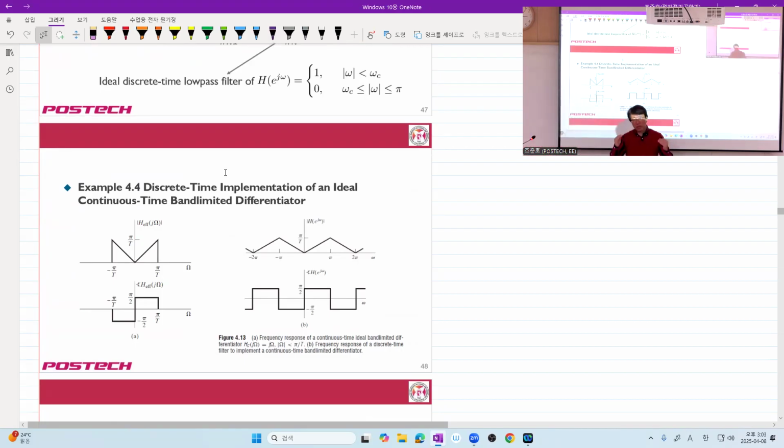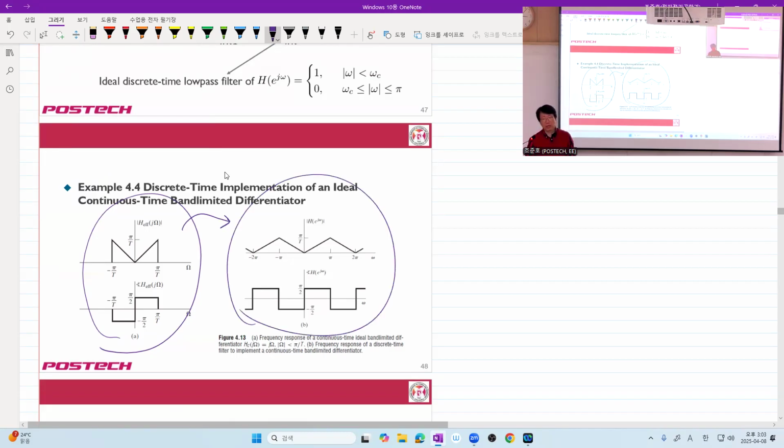Because a differentiator, which differentiates the continuous time signal in and generates the differentiated version, actually, if the input signal is band limited enough, then effectively we do this in the analog domain. So what we do is that our discrete time signal processes this way. Then it's much easier to implement.